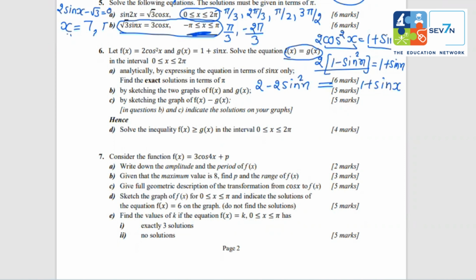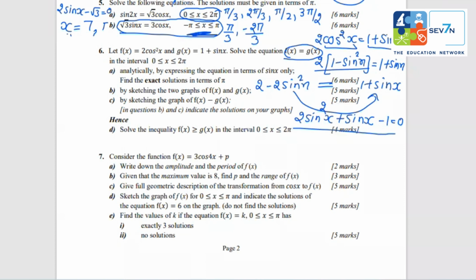Now make a quadratic equation, right? Yeah. How? Put this term on the right hand side. So I write 2 sin square x plus sin x minus 1 is equal to 0. This is quadratic in sin. Yes. Can you solve this for me then?